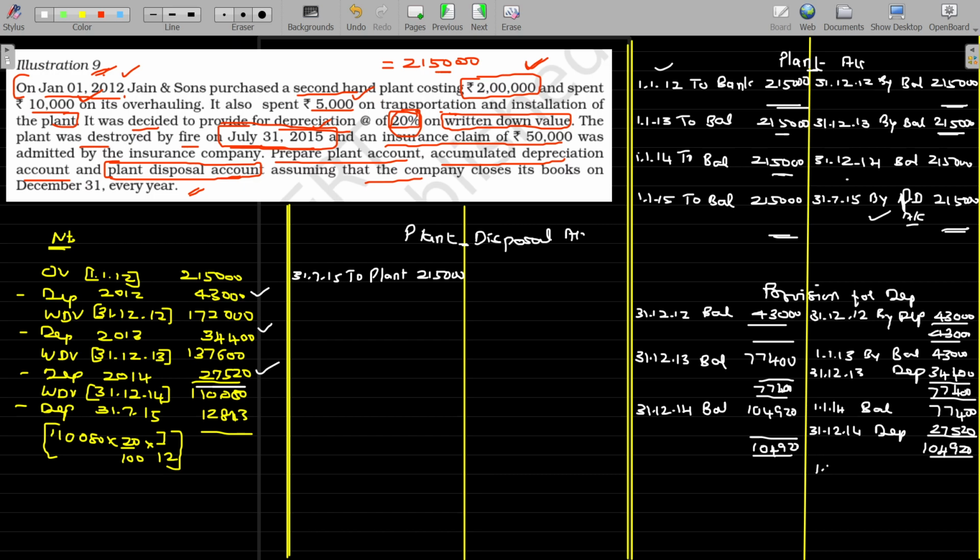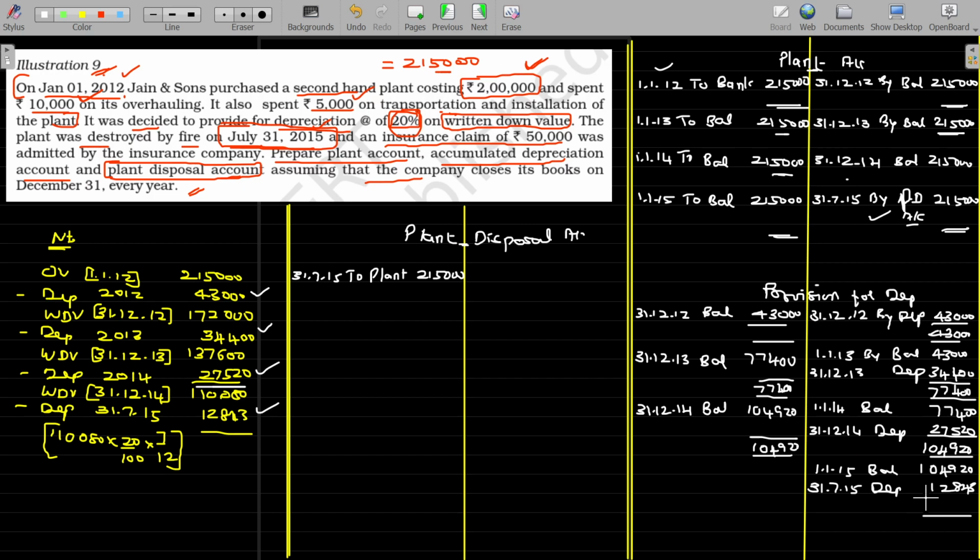Next period, 1/1/15, the balance being 1,04,920. And in this year, halfway through, one of the assets is sold. Up to the date of sale, we have to charge the depreciation here. So 31/7/15, depreciation here being for the 7 months, 12,843.